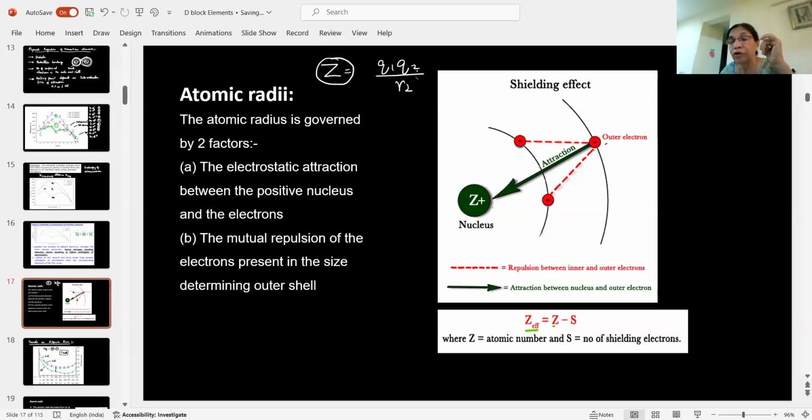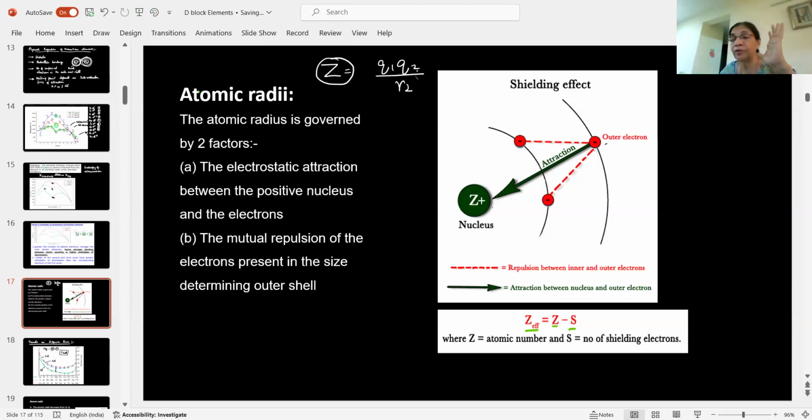Z is the atomic number, the number of protons in the nucleus, minus S, that is number of shielding electrons. Shielding electrons are those electrons which come between the nucleus and the outermost electron. So as the number of shielding electrons increase, the effective nuclear charge, Zeff, decreases, because the nuclear charge is an attractive force, it attracts the outermost electron, and the shielding effect is the effect of the intervening electrons which try to increase the size.